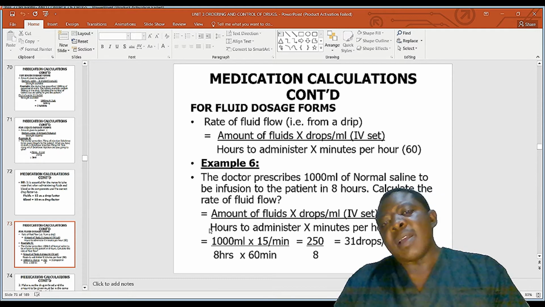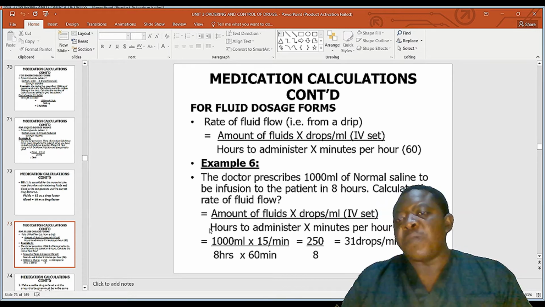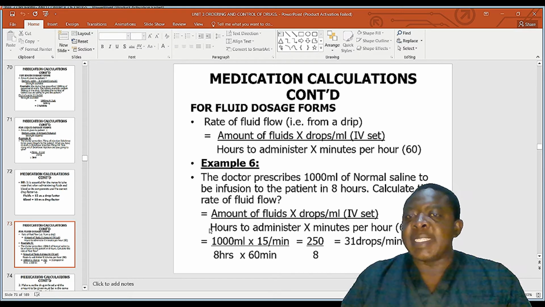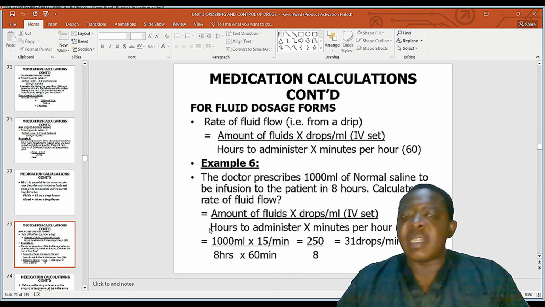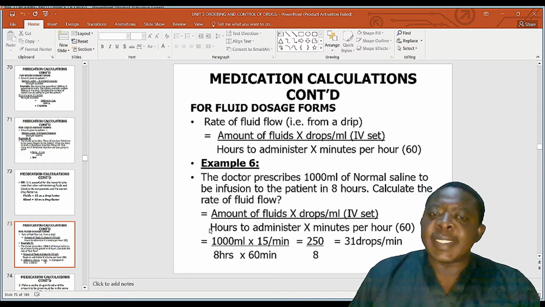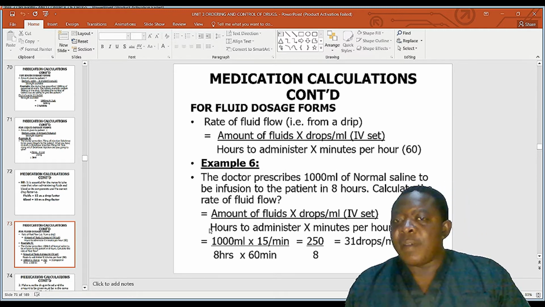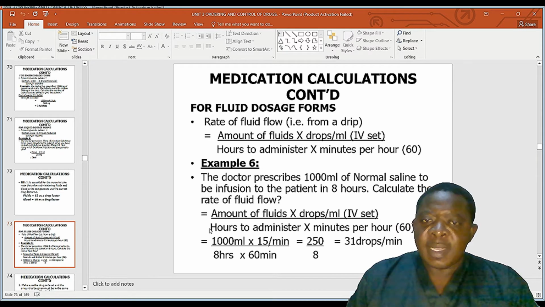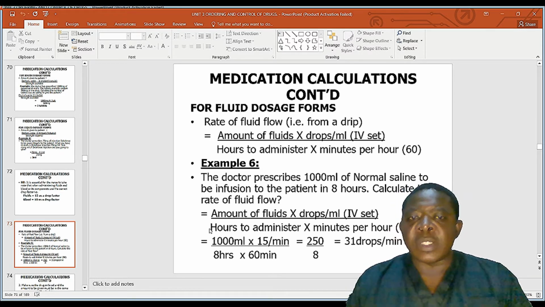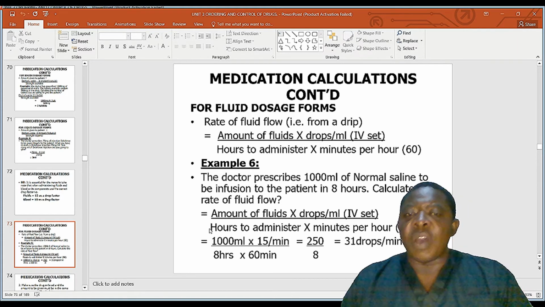Here, the doctor has prescribed 1,000 ml of normal saline to be infused to the patient in 8 hours. You have to calculate the rate of fluid flow. So the amount of fluids times the drop factor, over hours to administer times minutes. The doctor has ordered 1,000.